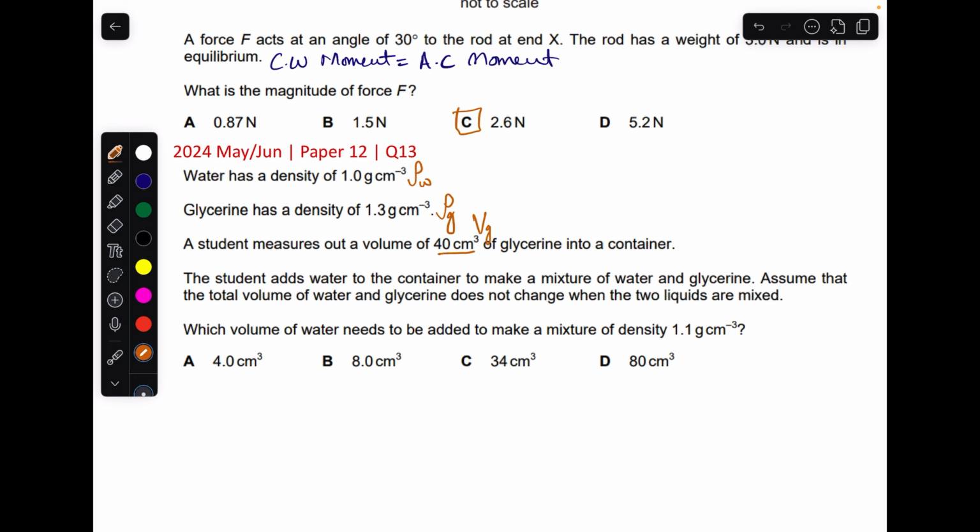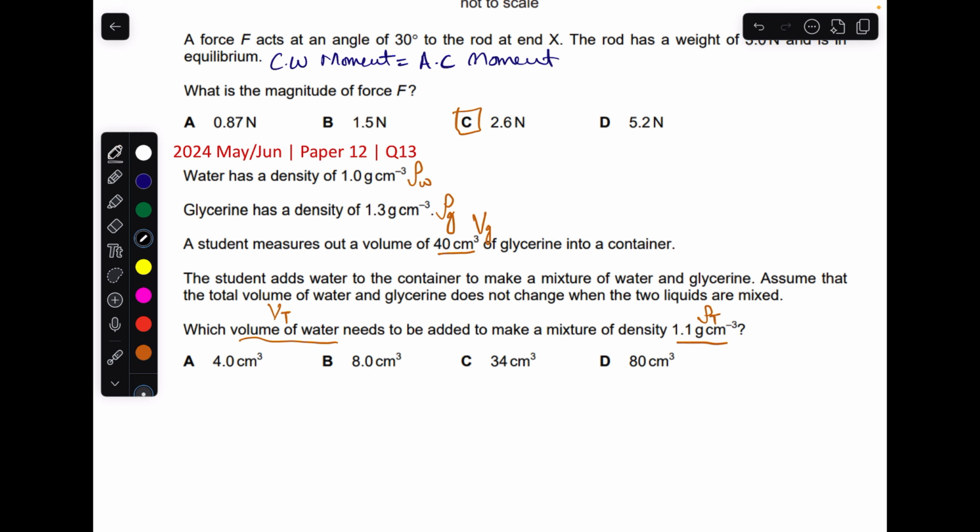The student adds water to the cylindrical container to make a mixture of water and glycerine. Assume that the total volume of water and glycerine does not change when the two liquids are mixed. Which volume of water needs to be added to get a mixture of this density, this is the total density. You have to find the total volume. Okay, so let's work out this thing.